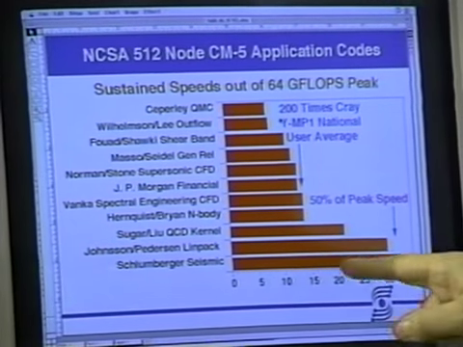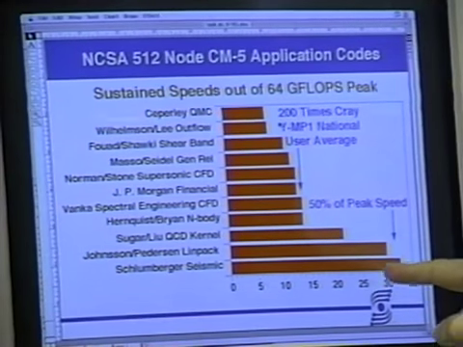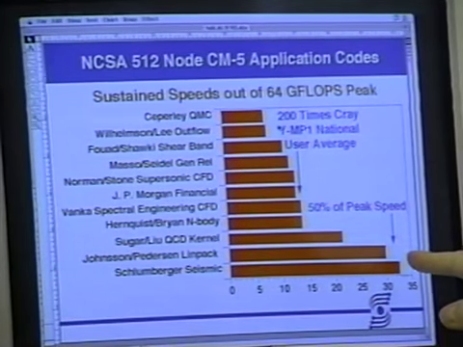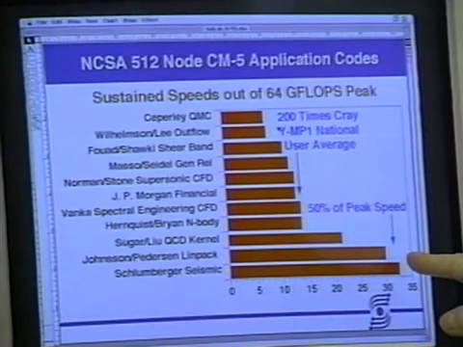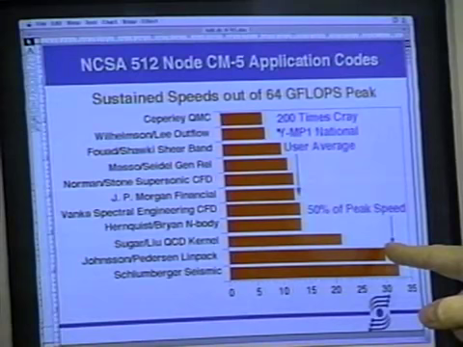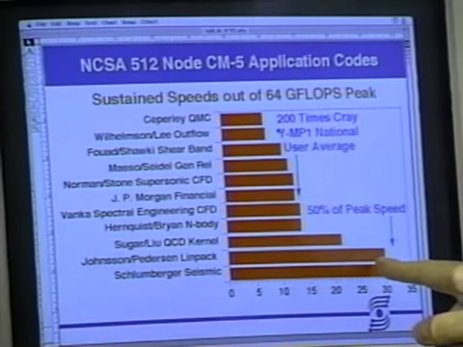Notice here that Schlumberger, an industrial company using seismic imaging, is going at over 50% the speed of the 512 machine. That's unbelievable. In fact, it's going faster than LINPACK, something I thought couldn't be done on any machine.